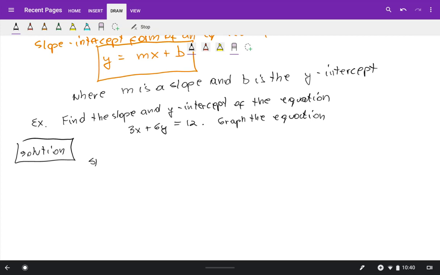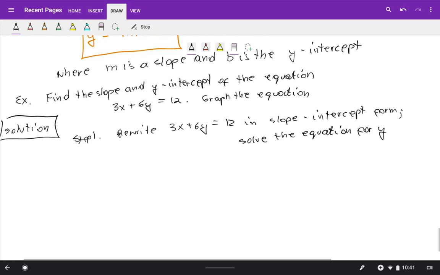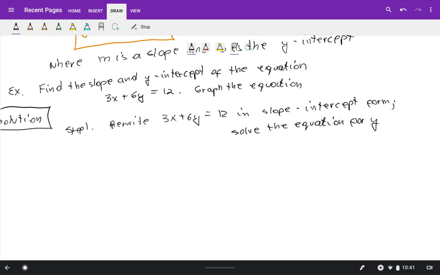So step 1: rewrite 3x plus 6y equal 12 in slope-intercept form, which just means solve the equation for y. So let's isolate that y.